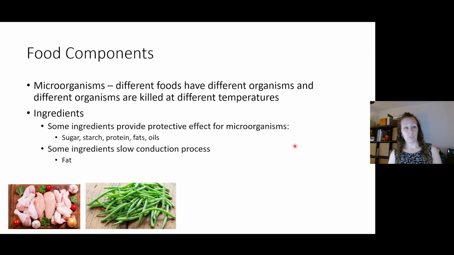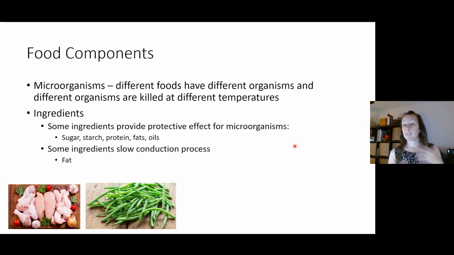So the second food component that we need to consider are what the ingredients are. And that's because some ingredients will provide a protective effect for microorganisms. And these include sugars, starches, proteins, fats, and oils. So the more complex the food is, essentially, the more protective it can be of the microorganisms.